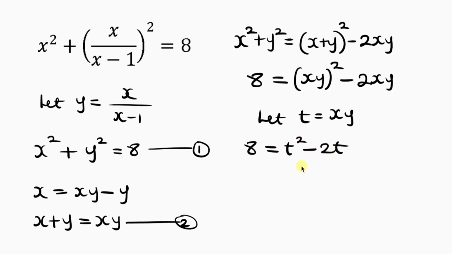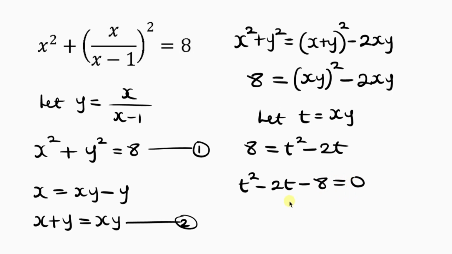Very good. So this is a quadratic equation. But let me arrange it very well by moving this 8 to the other side so that everything remains in one place. So I'm going to be having t squared minus 2t, and as 8 crosses, it becomes negative 8, equal to 0.